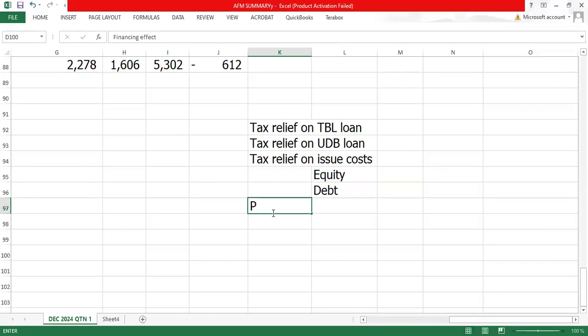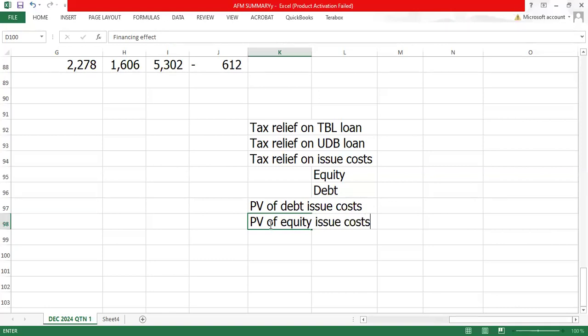Then as you get your APV, you will also need the PVs of the issue costs. Here you are looking at the tax relief, but look at the costs themselves. That is the cost of debt issue costs, and also look at the PV of equity issue costs.